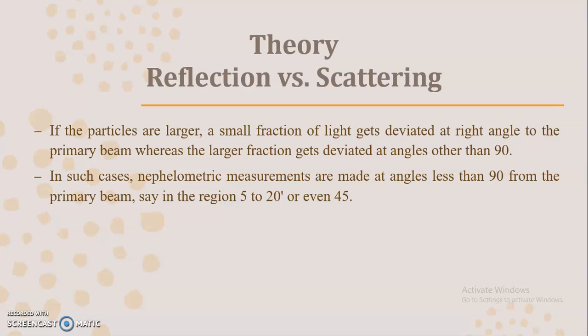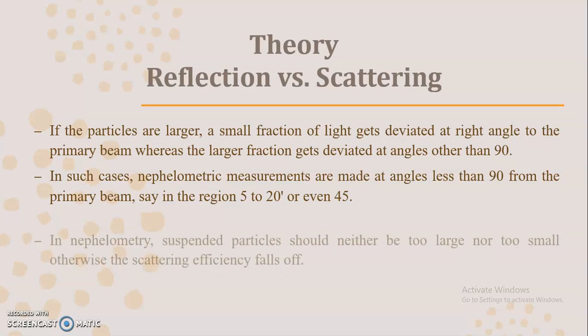So if the particles are larger, the light falling on them will be deviated at angles other than 90 degrees, and the measurement is carried out mainly between 5 to 20 degrees or even at 45 degrees.